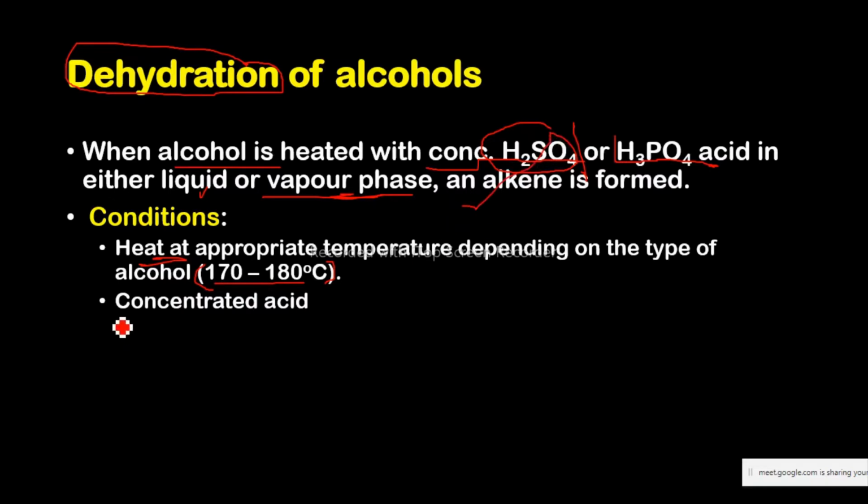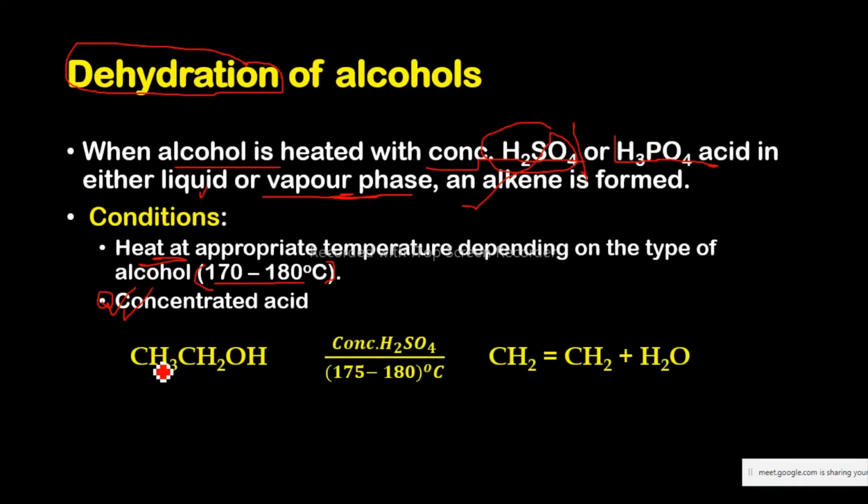And number two, the acid that you are using must be concentrated. Here if you use a dilute acid, then you cannot get any results. So that is your equation. The alcohol, which is ethanol in this case, plus conc sulfuric acid, you heat it at this temperature.